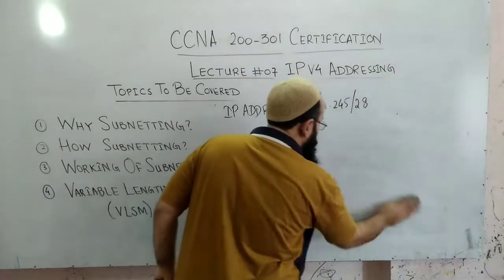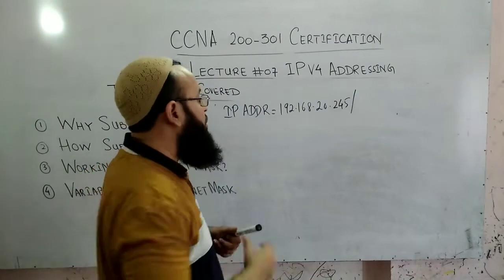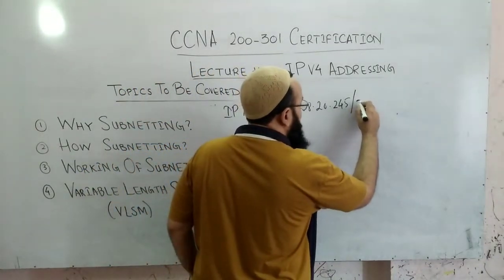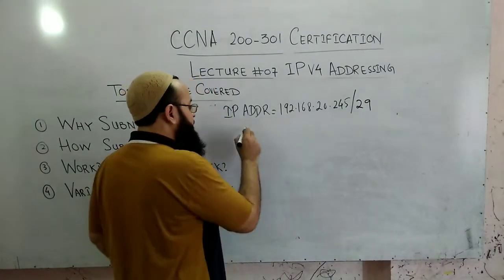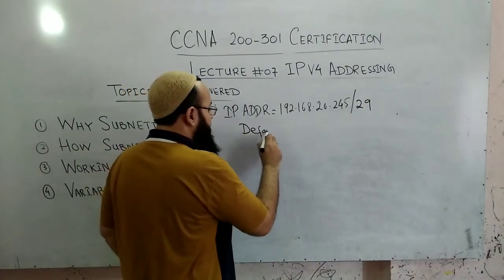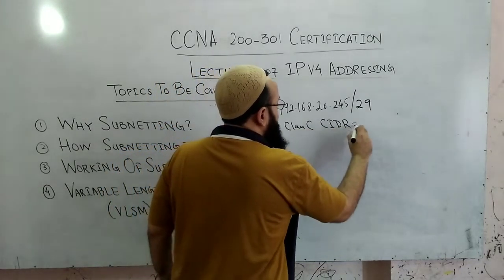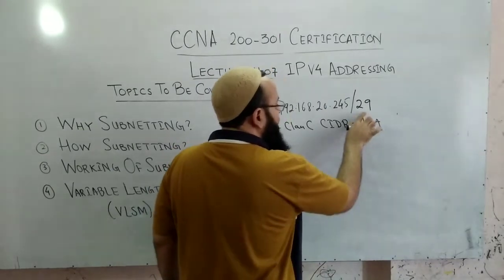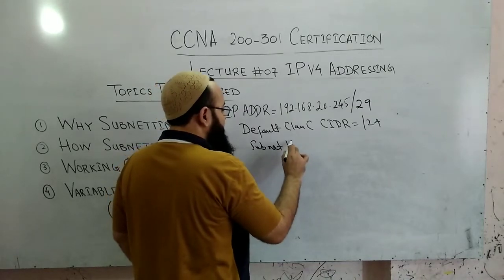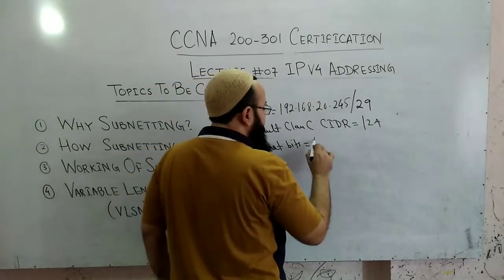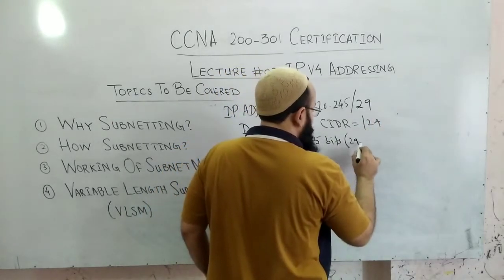The same is your IP address for a class C IP address, and I am now taking the CIDR value equal to, let's say, /29. With /29, the default class C CIDR is basically /24, and if you have moved to /29, it means that for subnetting, for subnetwork bits, you have taken 5 bits from the host portion. 29 minus 24.